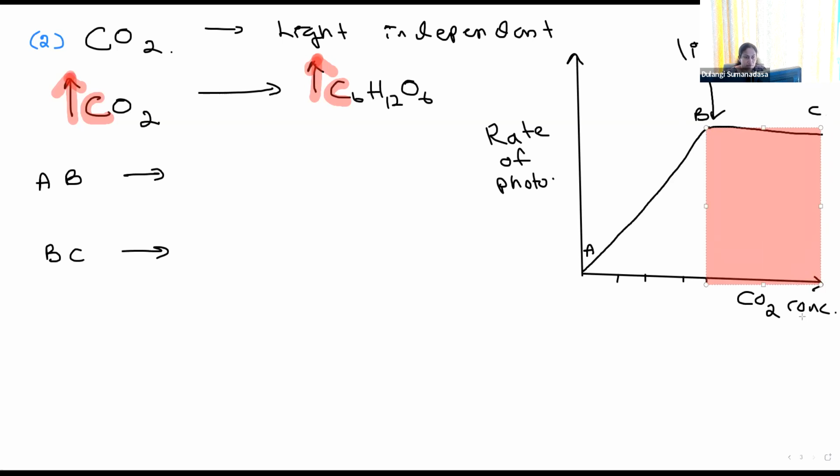Can you identify a limiting factor for A to B? Anything before B, right?